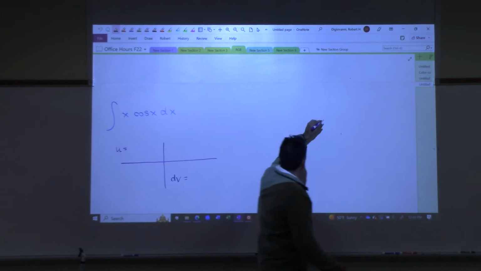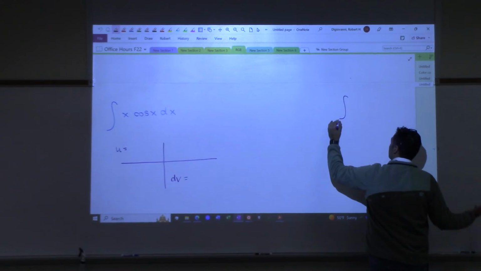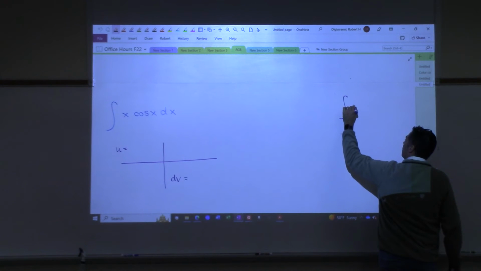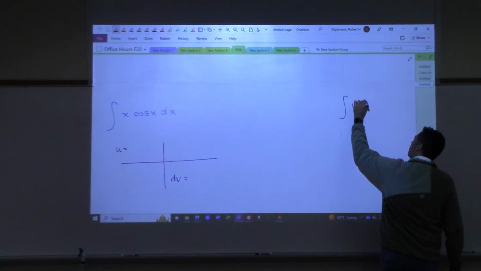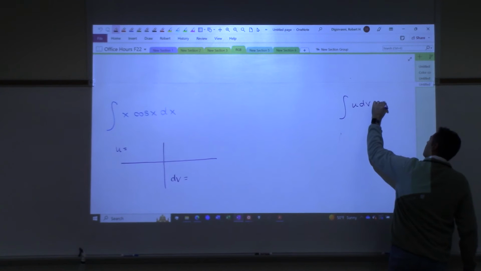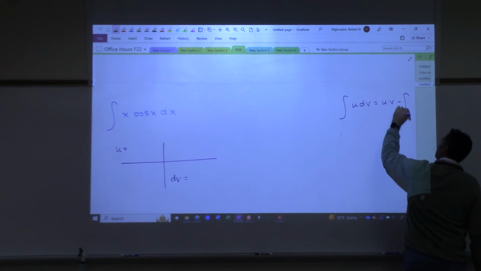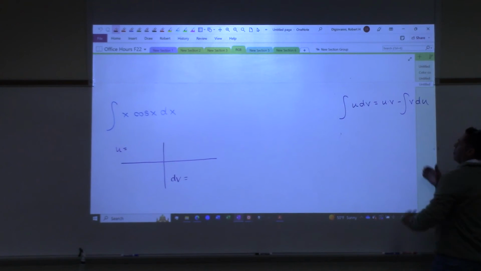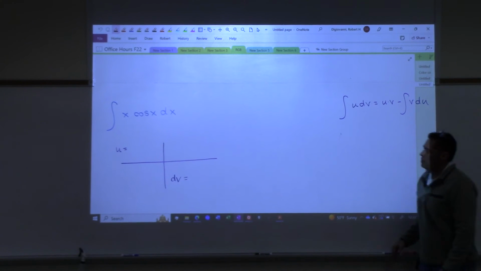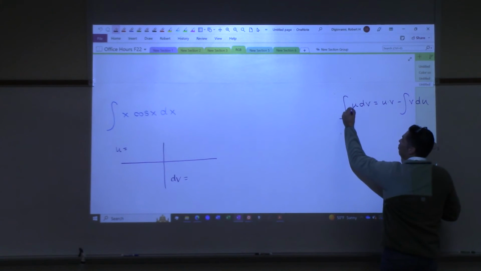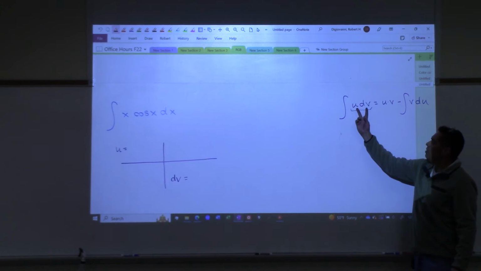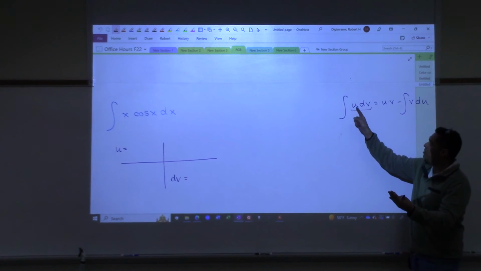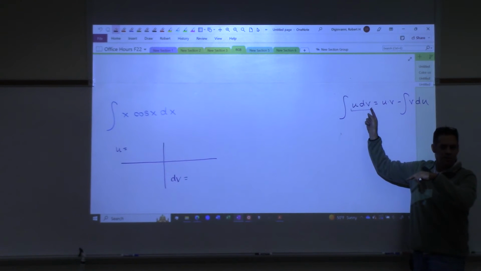Now, I'm going to just put the formula up here so we have it, but it's obviously in your notes as well. That's the integration by parts formula, right? So in the formula, we have to choose which function is the f and which one is the derivative of some other function.